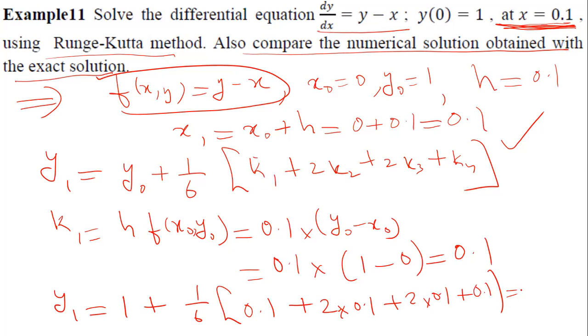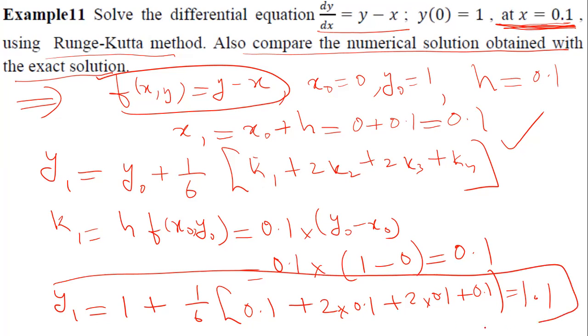If you compute here, this is what we are going to get: 0.2 plus 0.2 plus 0.1 and 0.1 is 0.6, 0.6 multiplied with 1 divided by 6. Yeah, this is what we get, 1.1. So this is the result we obtain using this Runge-Kutta method.